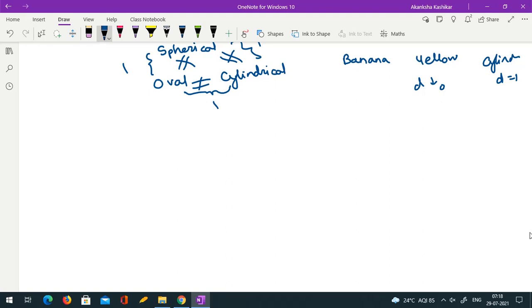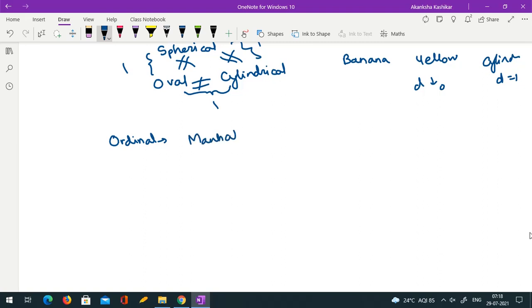Remember, most of the time for categorical data we'll be using this. In ordinal categorical data, sometimes you can use Manhattan distance also, because the order is important.